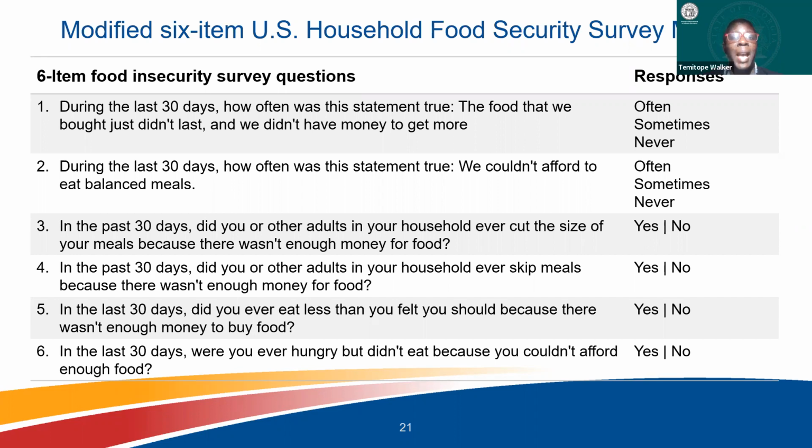Question 3 gets at more of what the act of cutting is, whether it's a half or a third or anything like that. Question 5 is getting at, in that act, did you know that you were eating less?